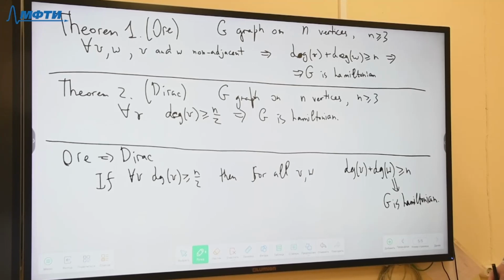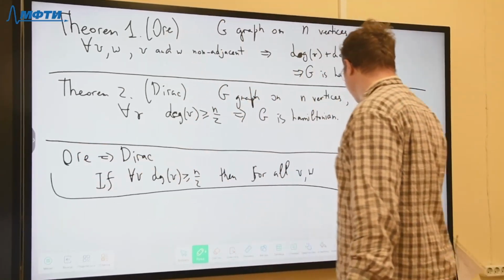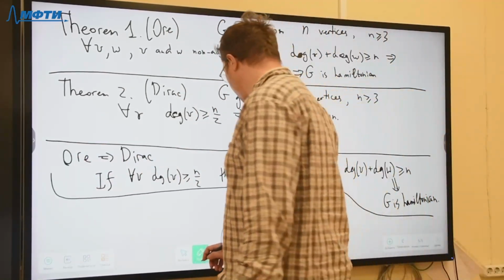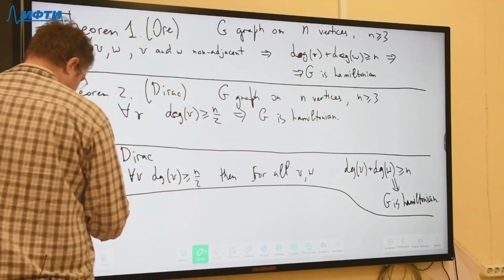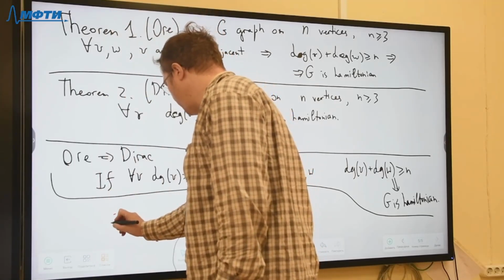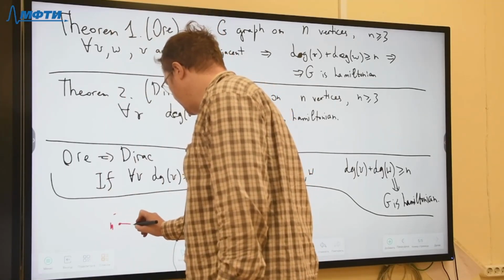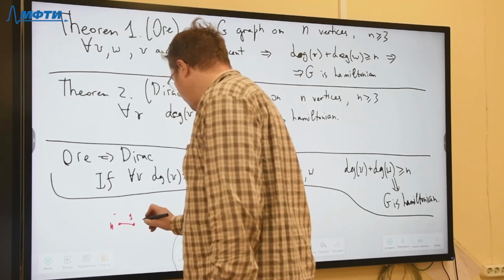Okay, that's the first remark. Second remark is that we already discussed the counterexample. The biggest counterexample that we can provide is Kn minus 1 with one vertex n connected to, for example, vertex 1.